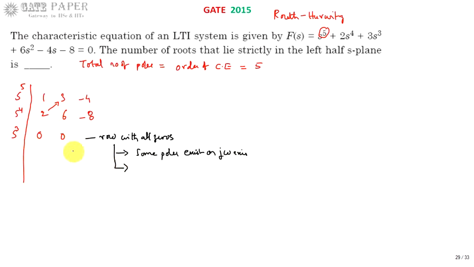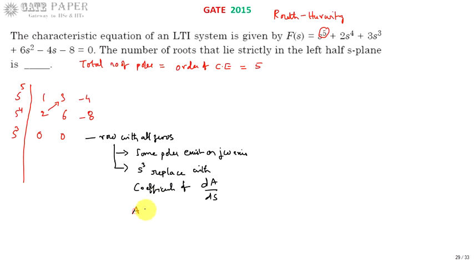So you must replace the all zeros row, that is S3, with the coefficients of the differentiation of the auxiliary equation.